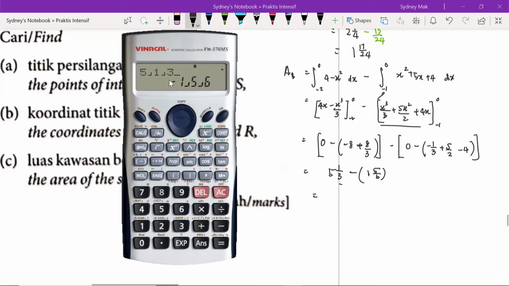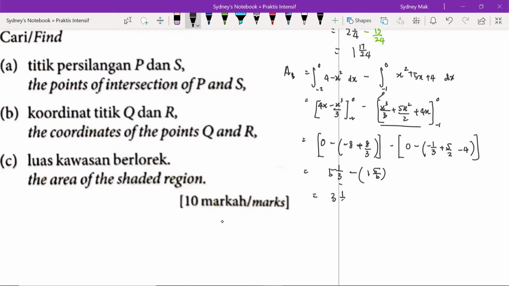In this case, it's negative, I want to use the last answer. So we plus the last answer, it will minus automatically. 3.5. Okay, 3.5 unit square.